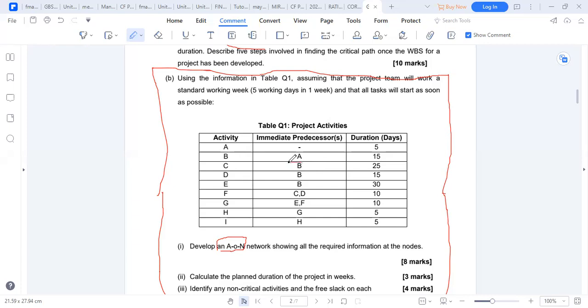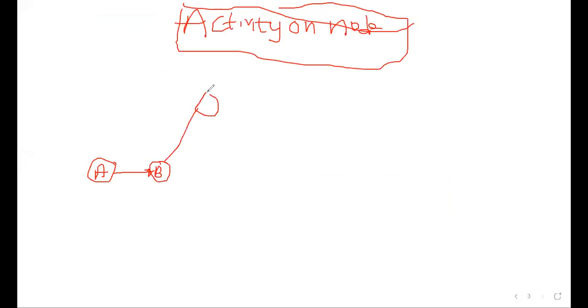After B, there are these three activities that are actually taking place. It's just a matter of understanding what is going on. So after B, there is a C. After B also, there is a D. Then after B, there is also the E.